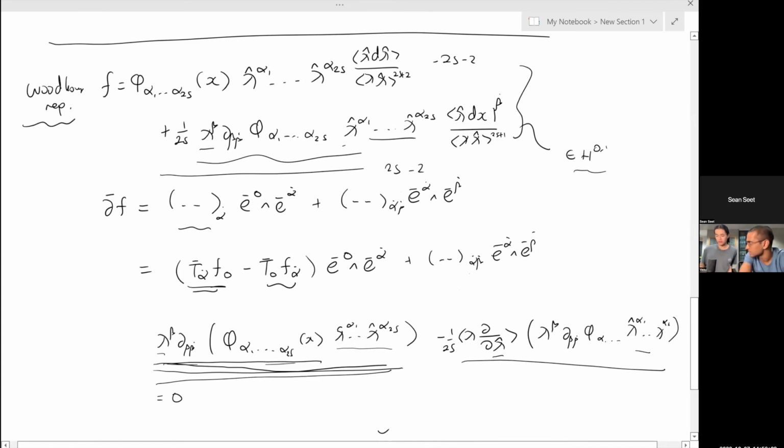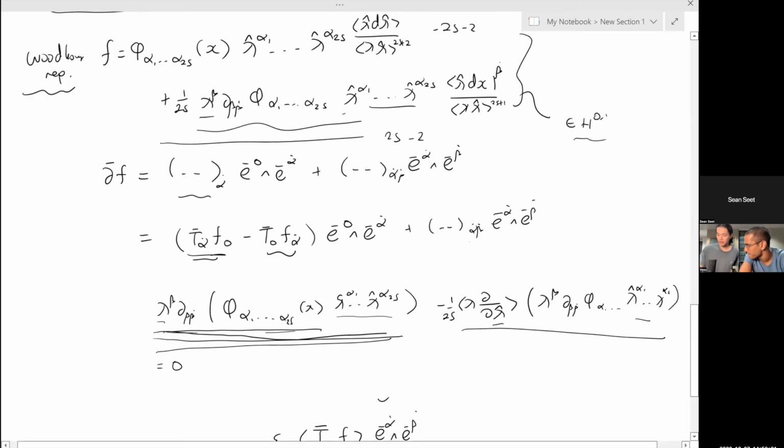That is basically the equation we had, where you have a contraction between the space-time derivative and phi. So that equation of motion would be beta dot alpha with alpha raised, of phi alpha 1.